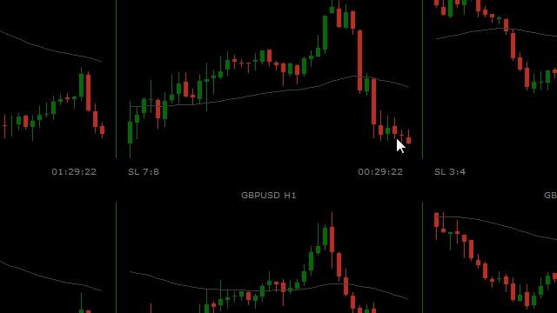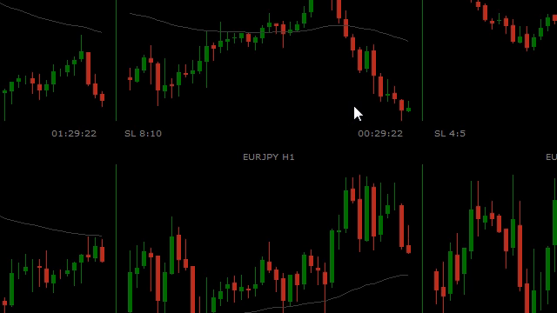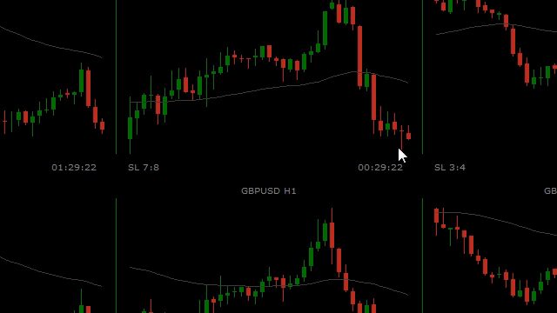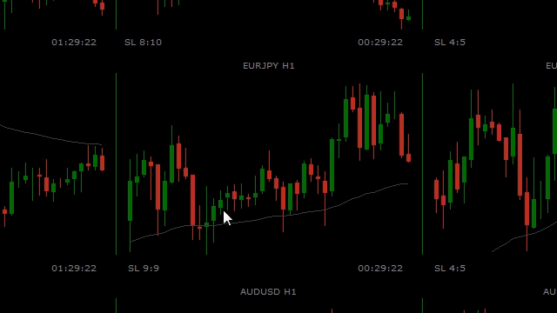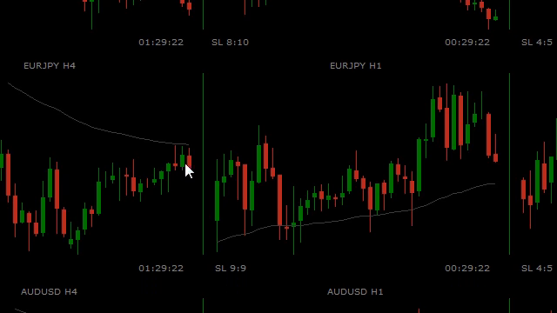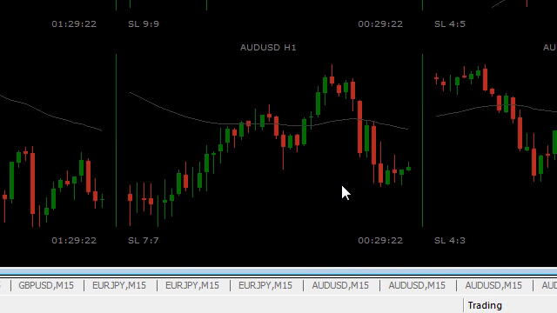We've got the euro going down. It looks like it's going to try and break downwards. We've got the euro yen looking like a downward move as a bounce off that H4. And on my Aussie, I'm looking at possibly a 1, 2, 3 pattern going high.